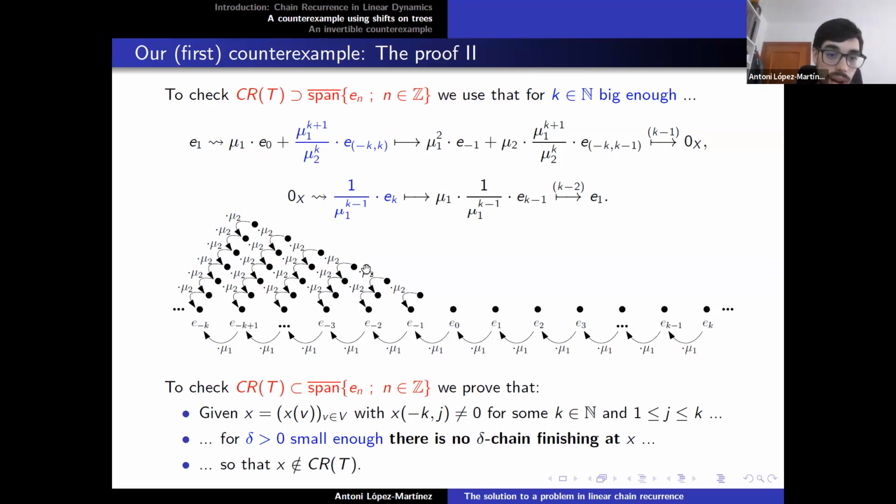Why? Well, imagine that you had the non-zero element in this coordinate here. Whenever you apply the operator to some vector, then here you get a zero. So whenever delta is smaller than the modulus of this coordinate, then you cannot arrive with a delta chain to this vector. So this is more or less the explanation of this inclusion.